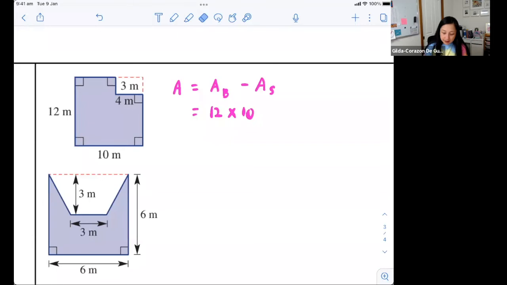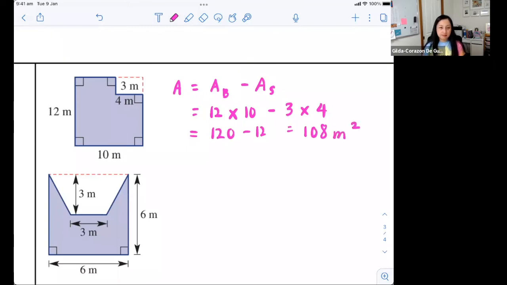And what's the area of this small rectangle here? That's 3 times 4. And what's 12 times 10 equal to? It's 120 minus 12. That should be what? 108 square meters.